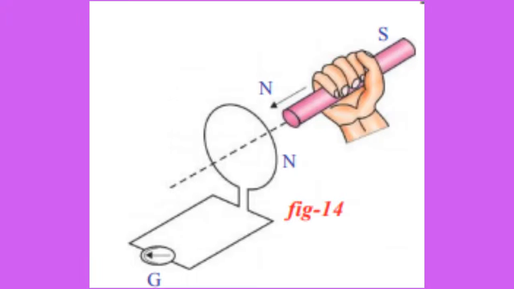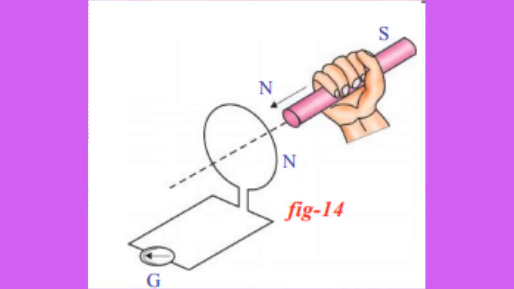So when the bar magnet is brought towards the coil, there is a deflection. Now keep the magnet at the same place, and we can observe there will be no deflection in the galvanometer.